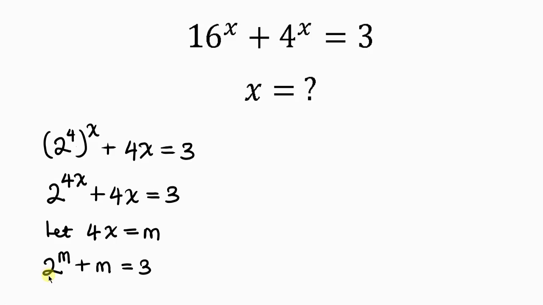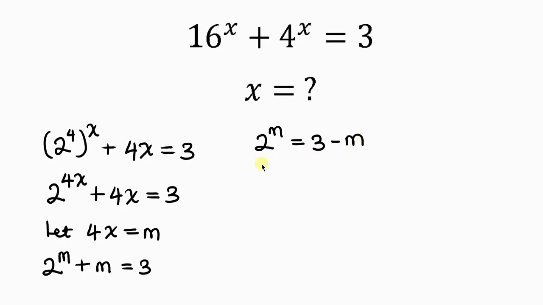Now notice that we have an exponential term and a linear term. Whenever we have these two combined in a question, it shows that we're going to be introducing the Lambert W function. So the first step towards solving a Lambert W function is to move the linear term to the right, so that we have 2 to the m equal to 3, and as m crosses to the right, it becomes minus m.